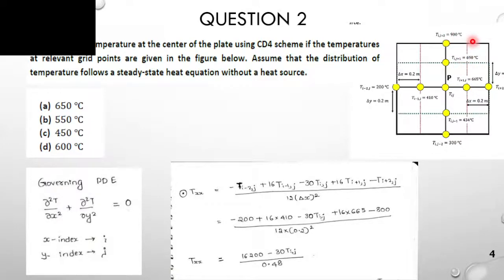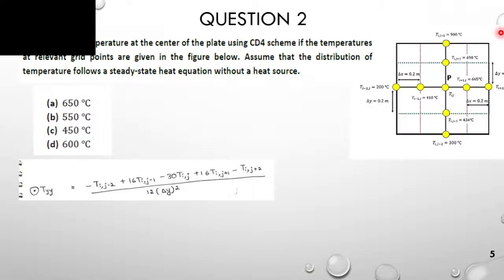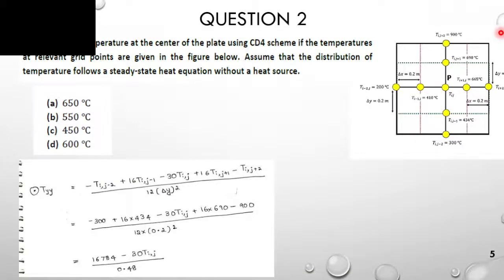If you just type this much in the calculator, that is what I am asking you to do. You guys don't have a calculator or what? Okay, let it be. If you do that, you will get the answer.